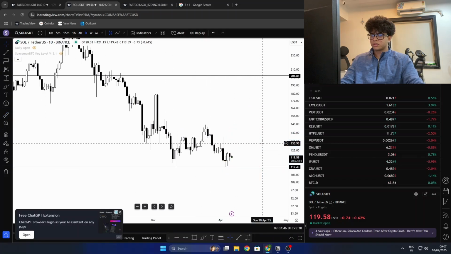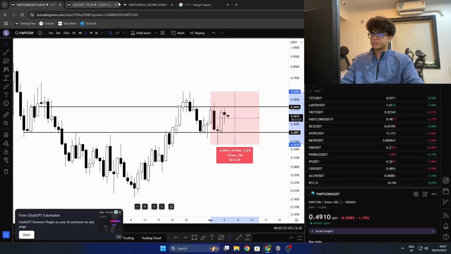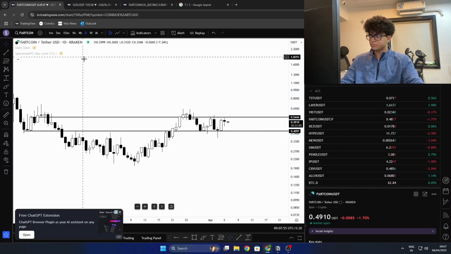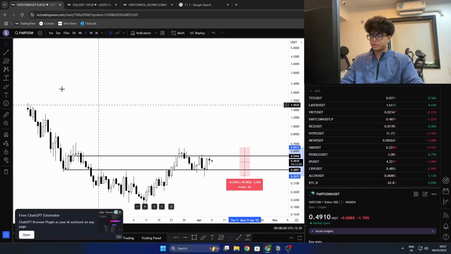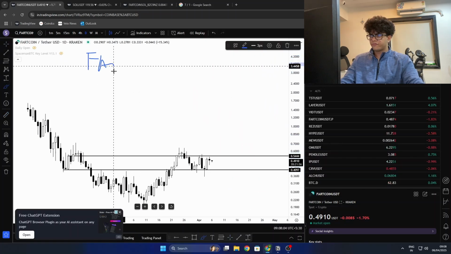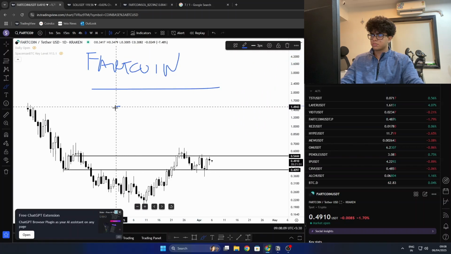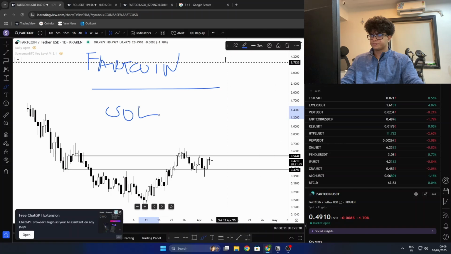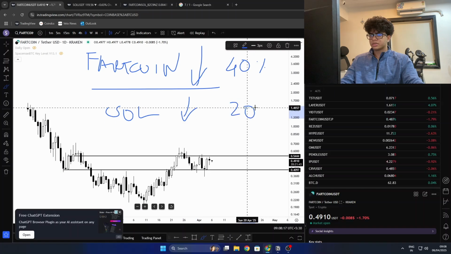We went down 22%. So this works the other way around too. Right, 45%. So this basically means that Fatcoin upon Sol went down drastically. I forgot, but 40 plus percent. Solana went down 20%.